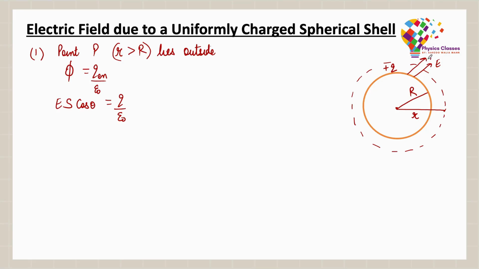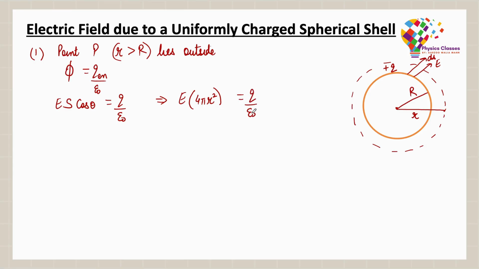So over here we have cos 0, which is 1. So again I have E into the surface area. The surface area of a spherical shell would be 4 pi r square. Remember, I have to take the area of the Gaussian surface and not the shell. And this is equal to the charge enclosed inside it upon epsilon naught.